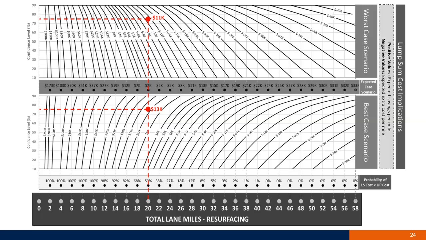So this is the contribution of our research. Also, I would like to mention that here the expected case scenario is that you are going to save $2,000 if you use lump sum.